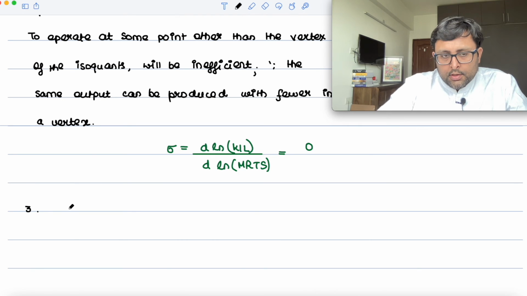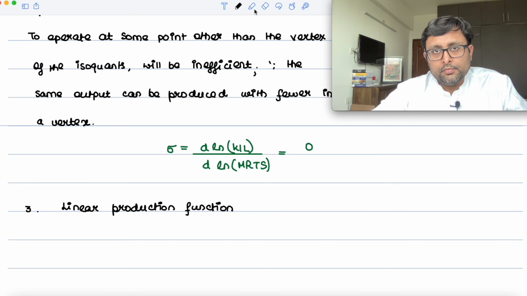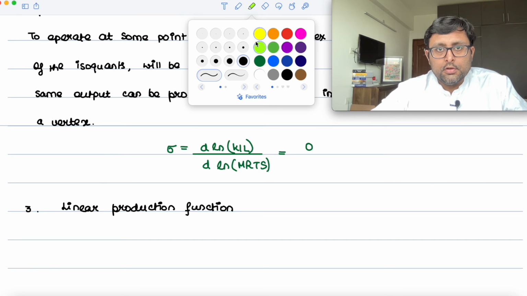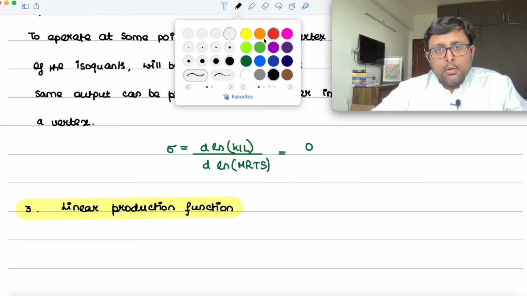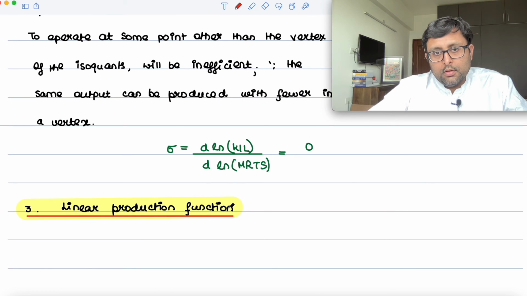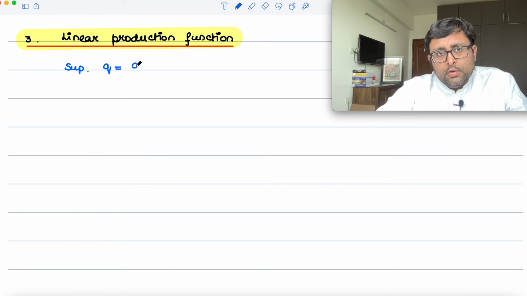Third, the linear production function. Suppose you have Q is equal to AK plus BL, right?